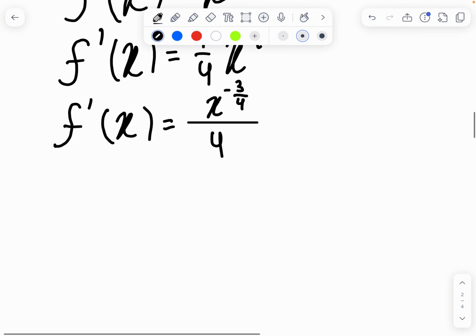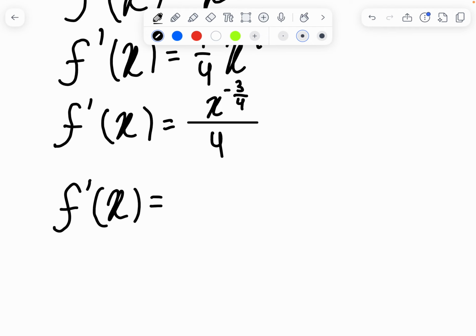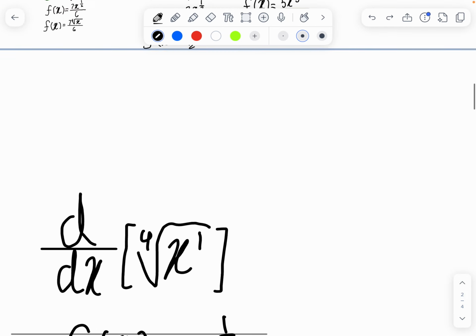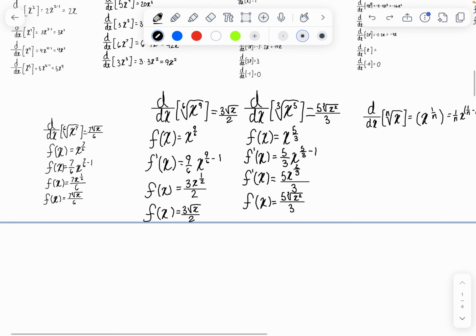And we shift everything down. 4 times... give me 1 sec.